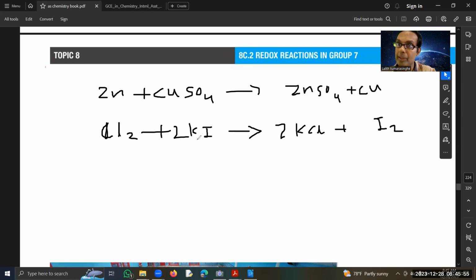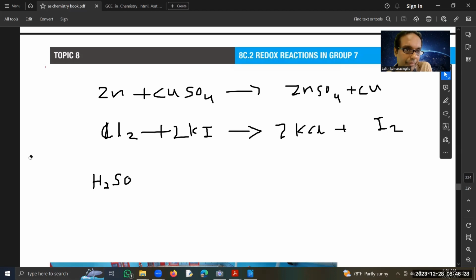Then there is something called double displacement reaction. It's not a displacement reaction. It's double displacement reaction. Now these are double displacement reactions. You put sodium sulfate.